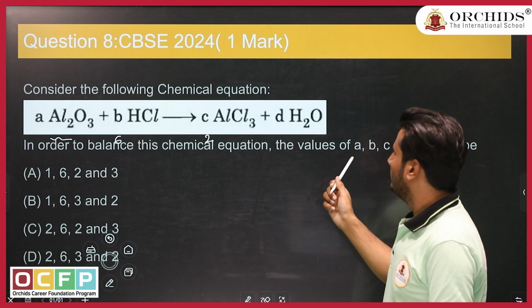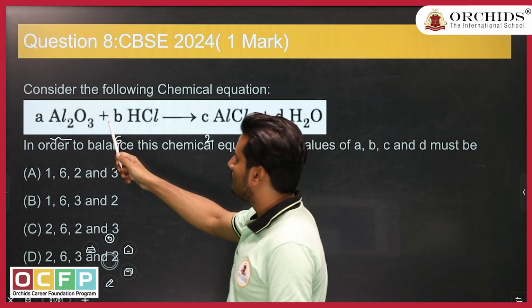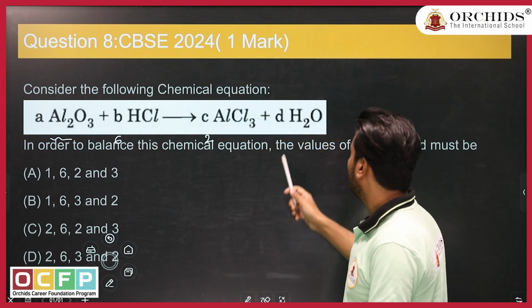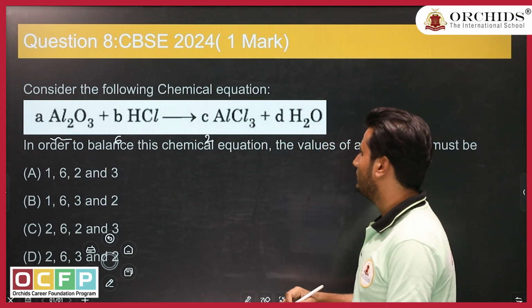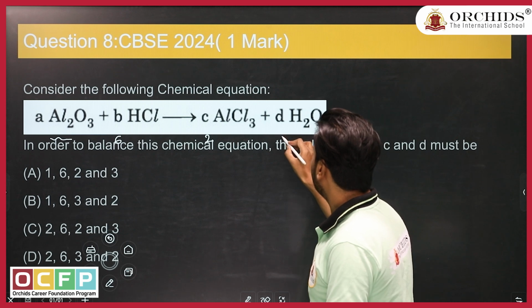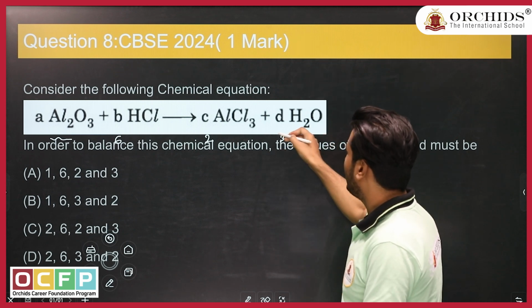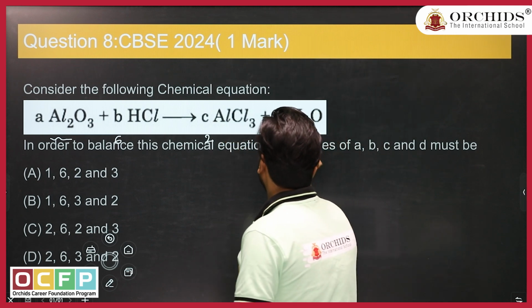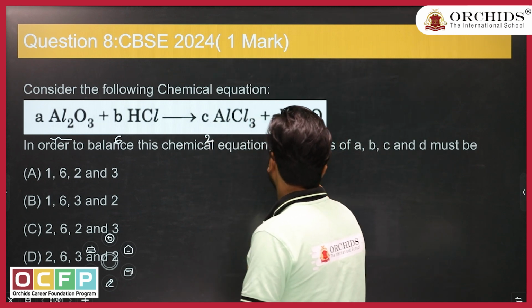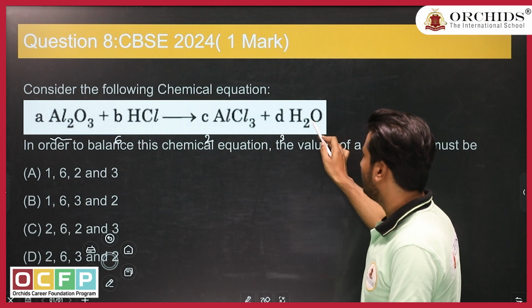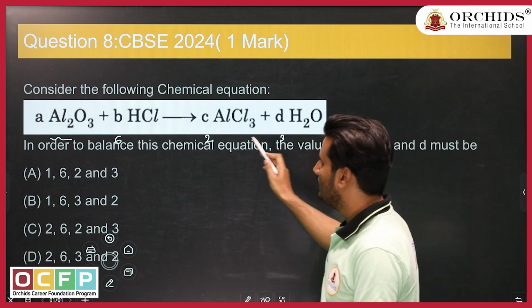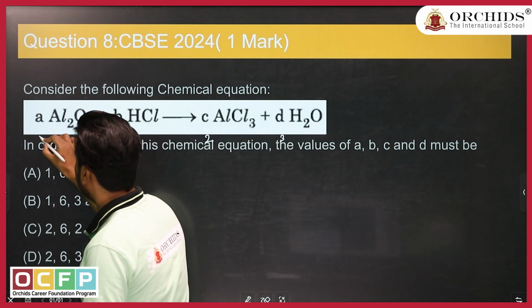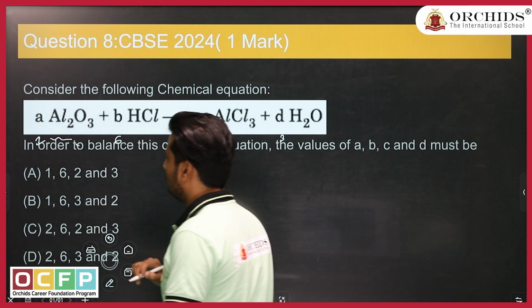Now we will move to hydrogen. There are 6 atoms of hydrogen over here and 2 atoms of hydrogen on the other side, so we can take the value 3 over here to make the hydrogen 6. Now what do we have here? We have 3 atoms of oxygen on the product side and 3 atoms of oxygen on the reactant side. So what is the value of A? That is 1.